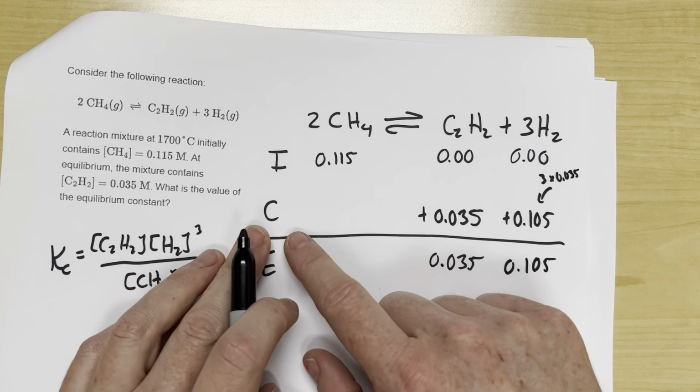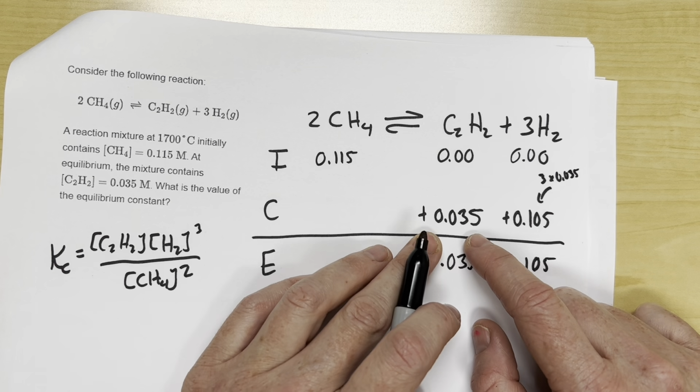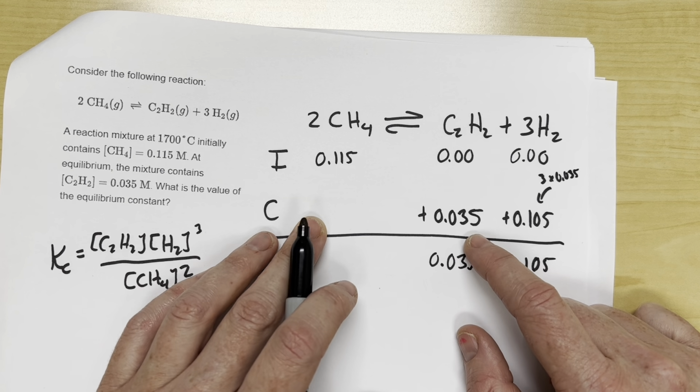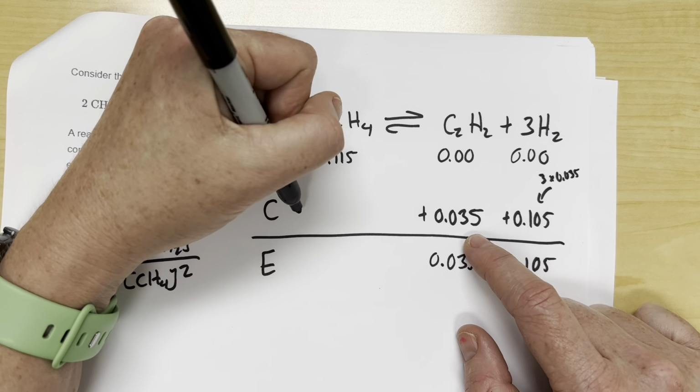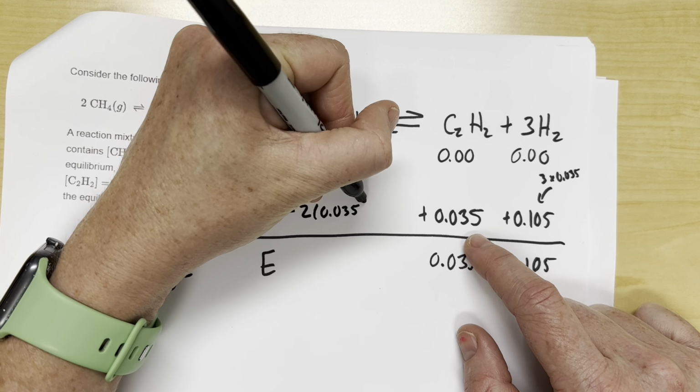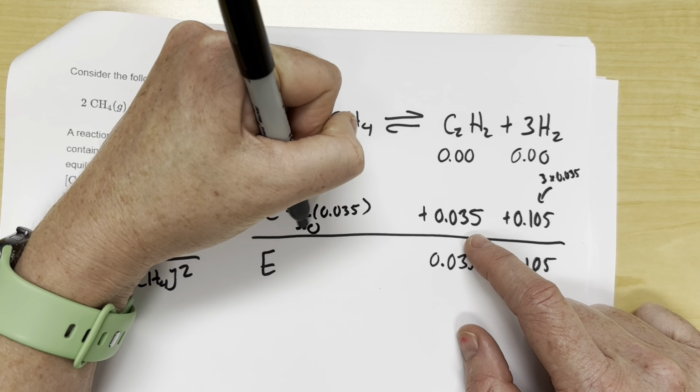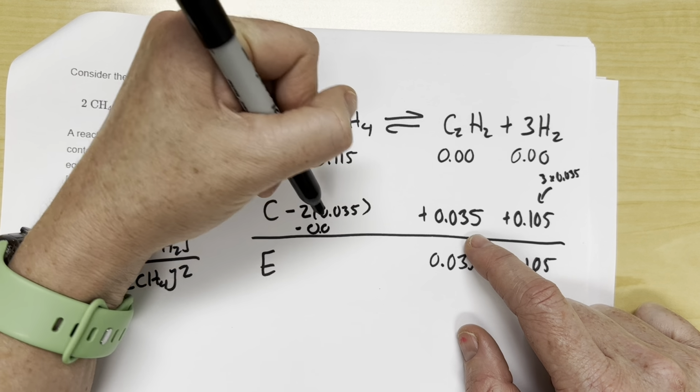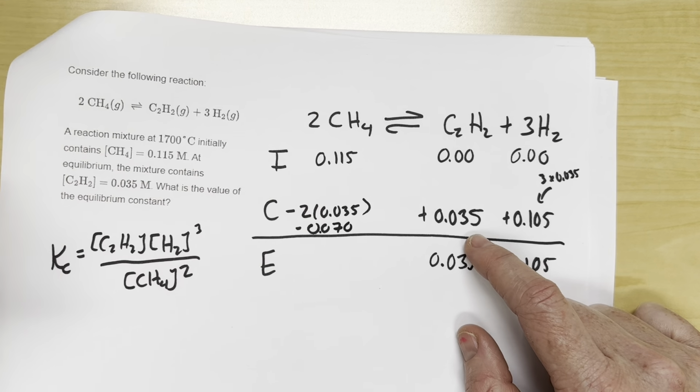All right, now the change here. If we gain 0.035 here, how much did we have to lose there? Well, we had to have lost 2 times that 0.035, or negative 0.070.